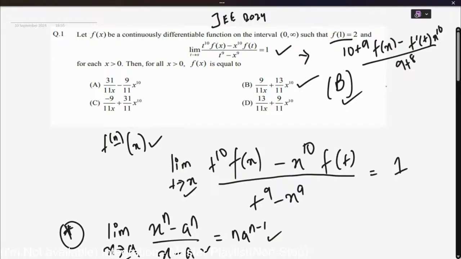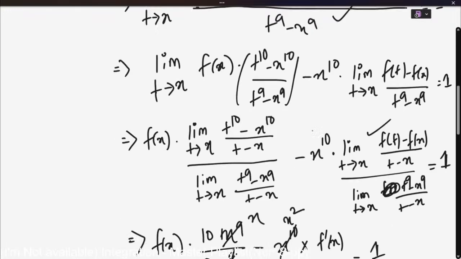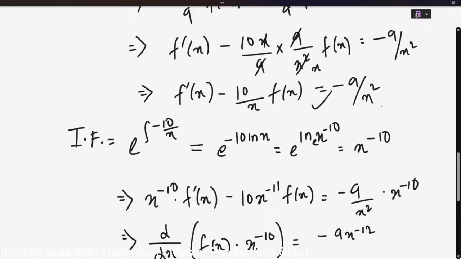And then you just put x equals to 9, since this would not give you a 0 by 0 form. You can simply put the value of x, and this would give you 10x to the power 9 f of x minus f dash x into x to the power 10, and this whole thing would be divided by 9x to the power 8, right? And then you could get the differential equation directly from there. So these are the two ways you can solve it.